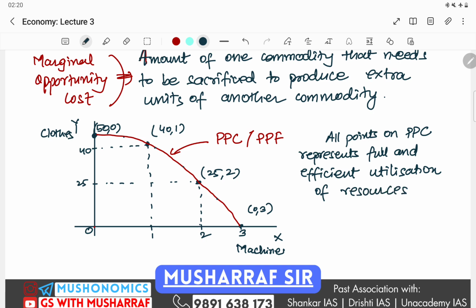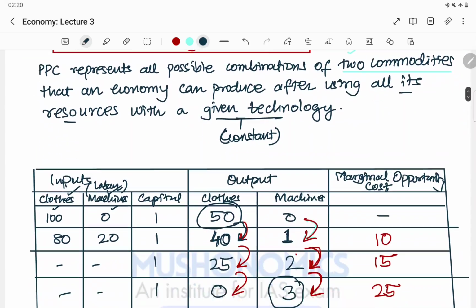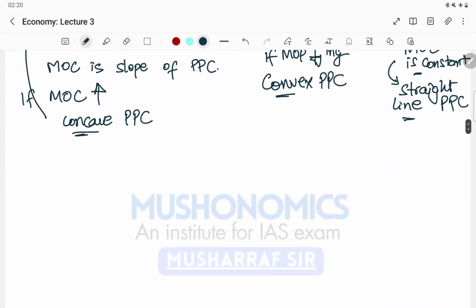I hope we understood this point, because the definition says, using all its resources with a given technology. Now I will make this point clearer when I draw some other PPCs as well. Then you will be able to understand what I mean by this point.